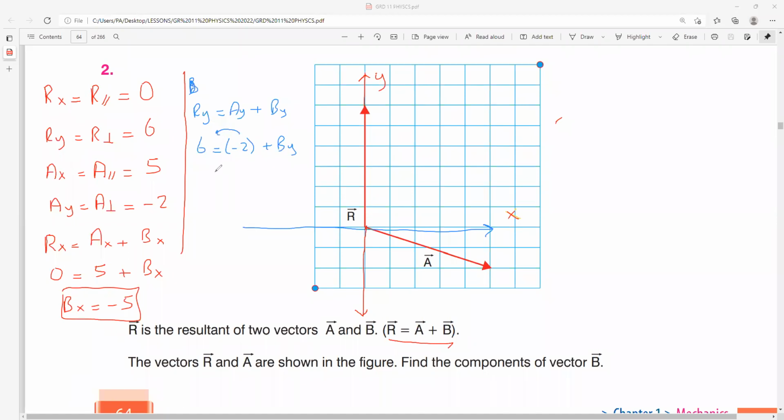Negative 2 is going that side. And then BY equals 8 units. All units, people. From now, I think it's easy, right? We can just calculate B equals square root of BX squared plus BY squared.